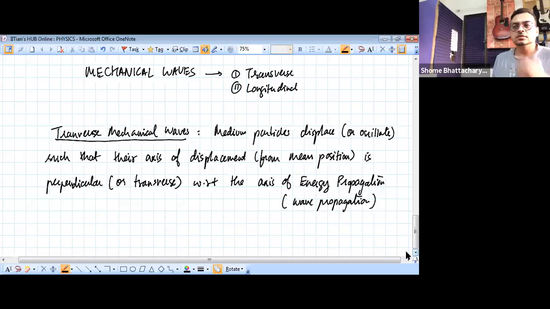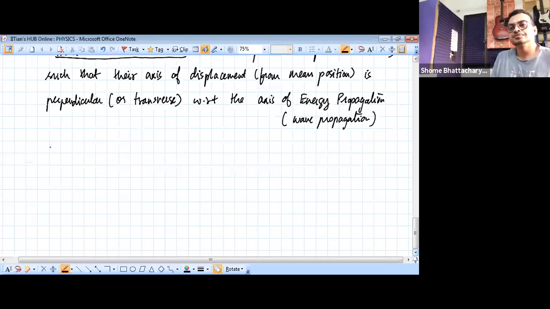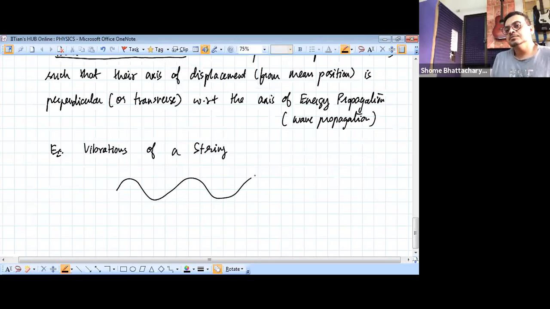And the examples of this are vibrations of a string. So as a string vibrates, its shape continuously changes like this.